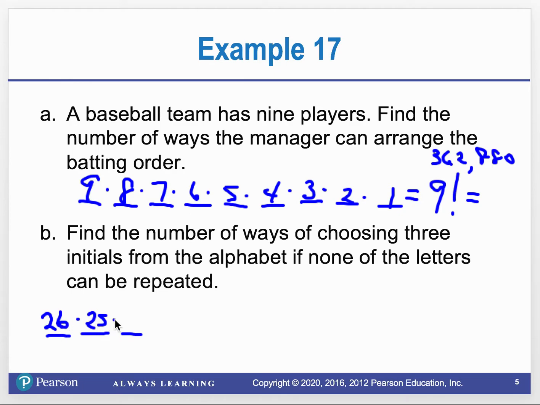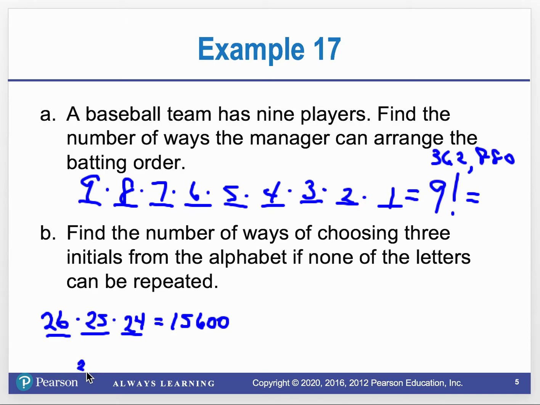And once I've used 2 of the letters, there's 24 left. So in my calculator, I have 26 times 25 times 24, or 15,600 different sets of initials with 3 different letters.